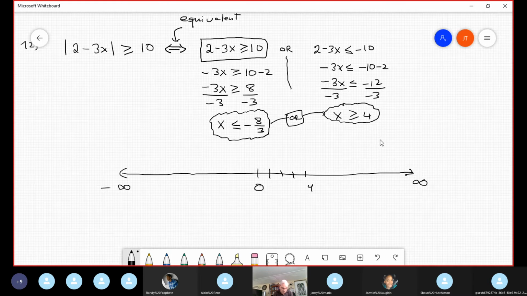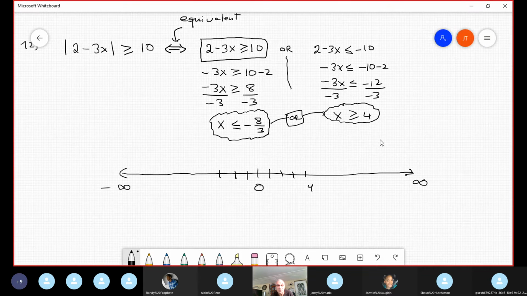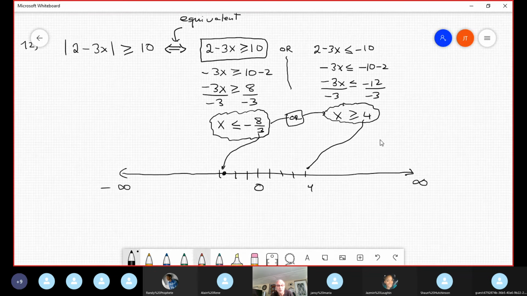I put 8 divided by 3 in my calculator just in case: 2.6, 2/3. So negative 1, negative 2, negative 3, approximately here. This is the location for this point. And this is the location for this point. And the interval greater than is a bracket because we include 4 in that direction. And this, less than, is to the left.